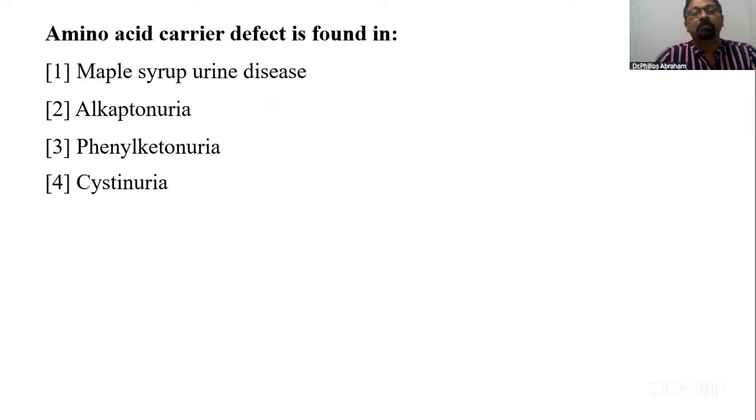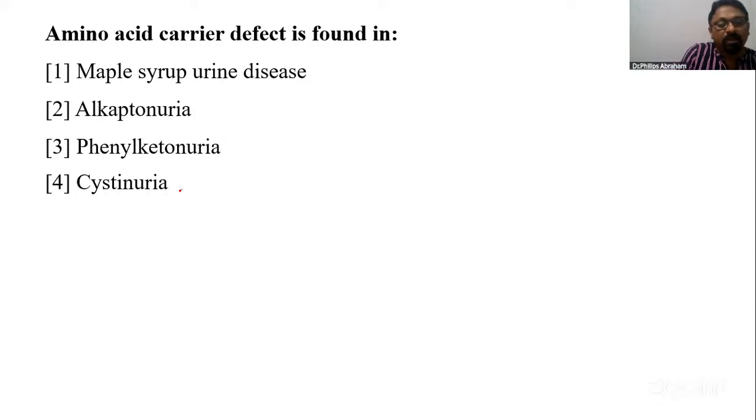Now, some disorders. So we have covered almost all the compounds produced from amino acids. And now comes some disorders related to it. See here, a disorder related to amino acid carrier defect. This is cystinuria. What is cystinuria?